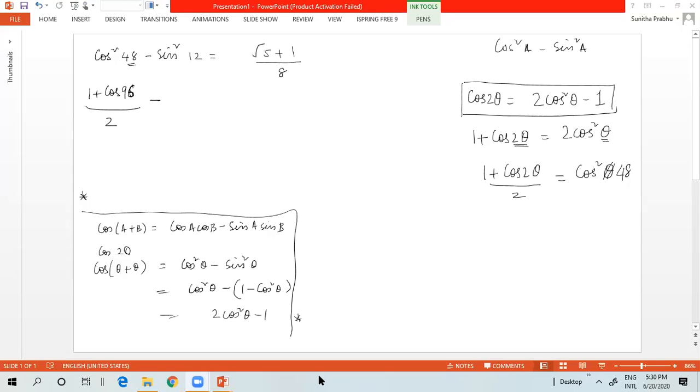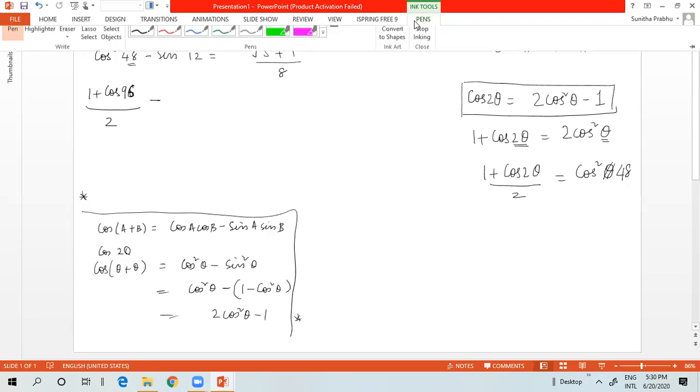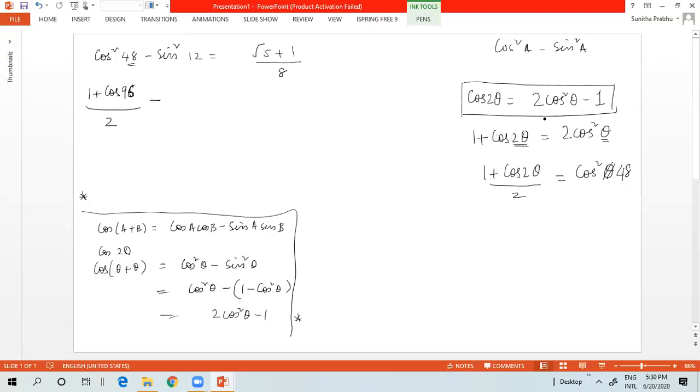Sine, wait. 1 minus cos 2 theta is 2 sine square theta. So sine square theta will be 1 minus cos 2 theta by 2. What you're saying is another form of cos 2 theta is 1 minus 2 sine square theta.